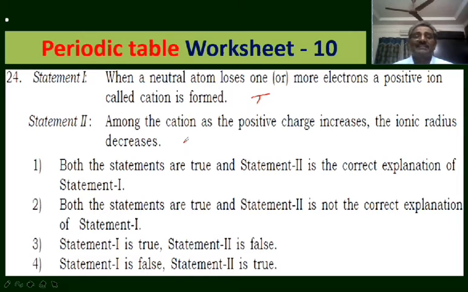As a result, ionic radius decreases. This is also true, but this is not the correct explanation of the first statement. So both the statements are true, and statement 2 is not the correct explanation of statement 1. So second option is the right option for 24th question also.